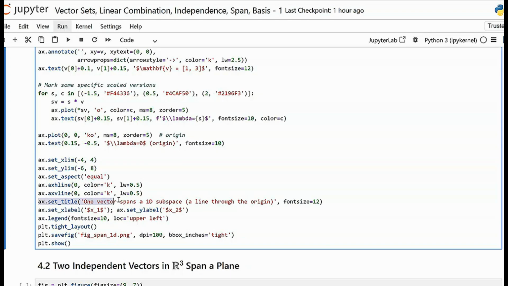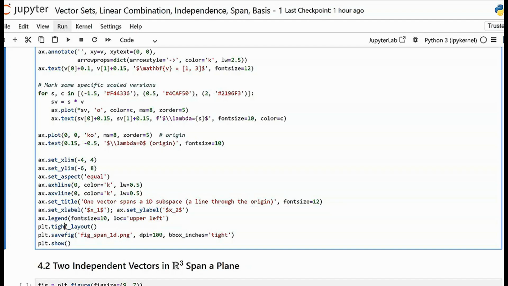Now let us add the title, which describes the geometric meaning, and text functionalities that label the axes, and let me display the legend also.